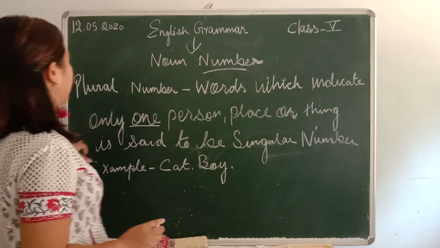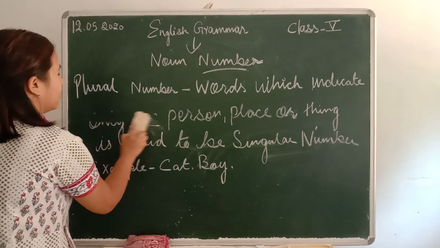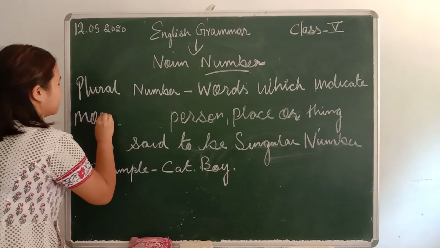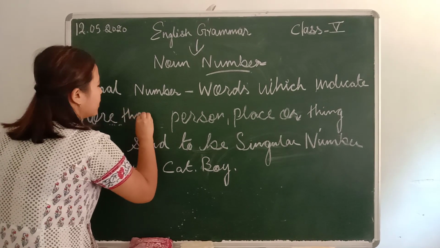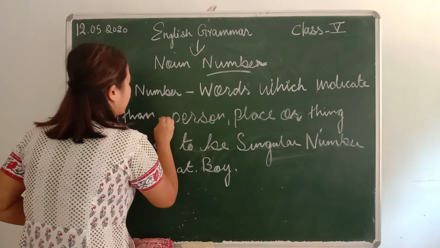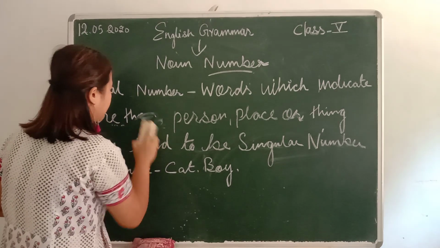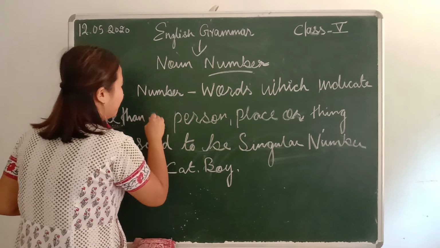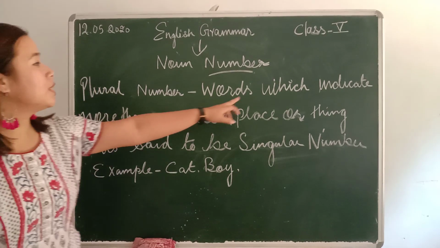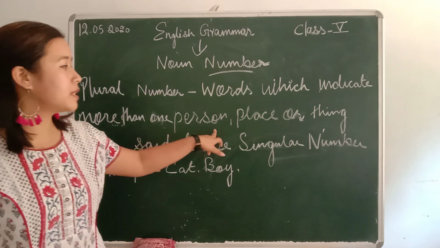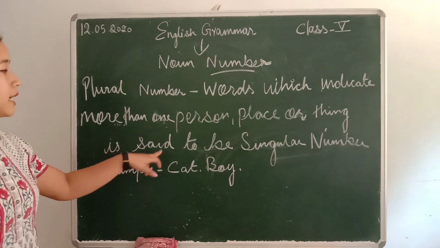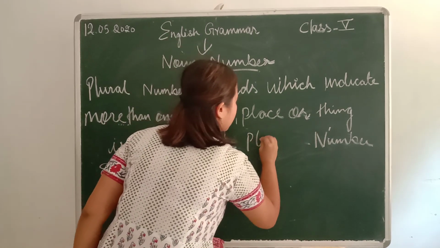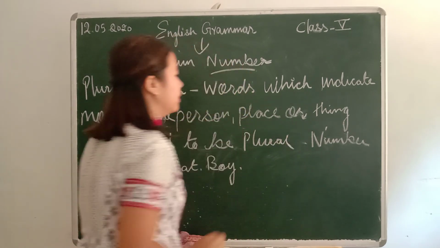Words which indicate more than one person, place or thing is said to be plural number.